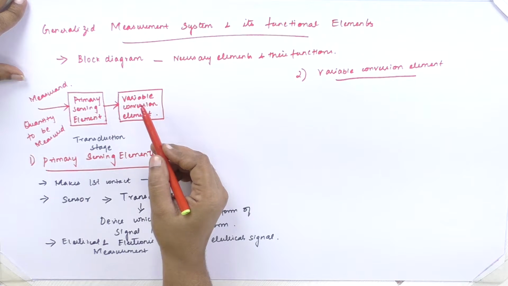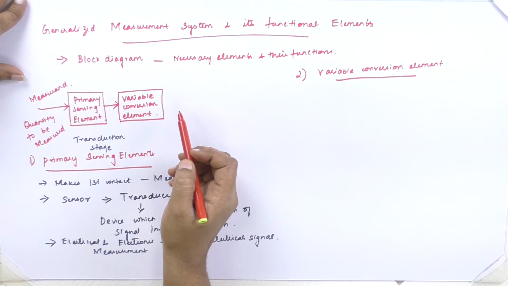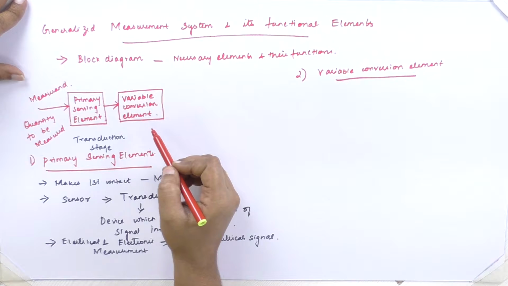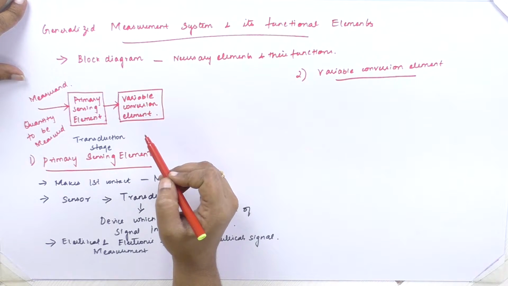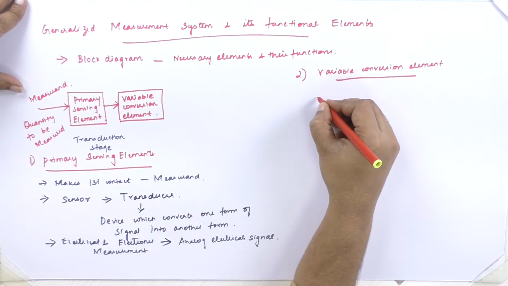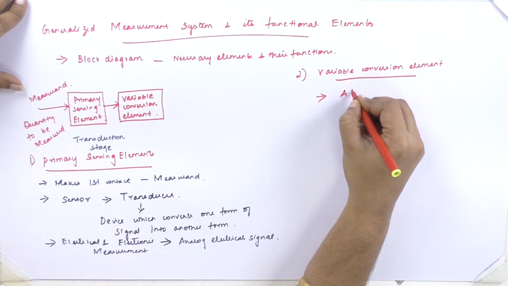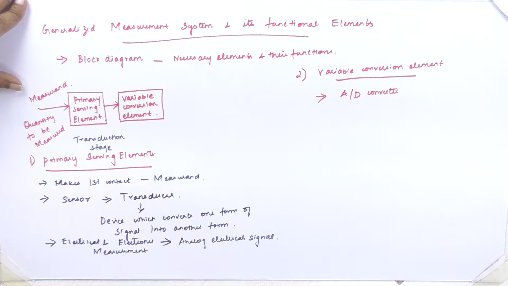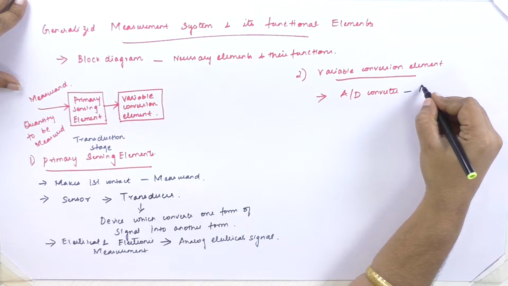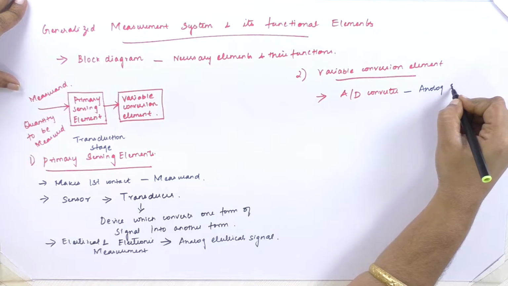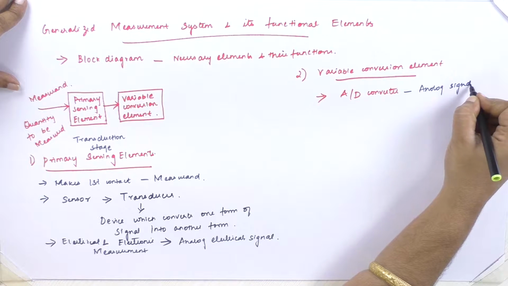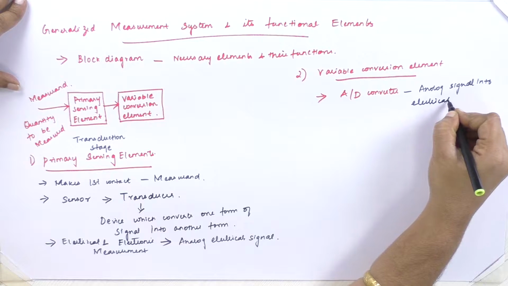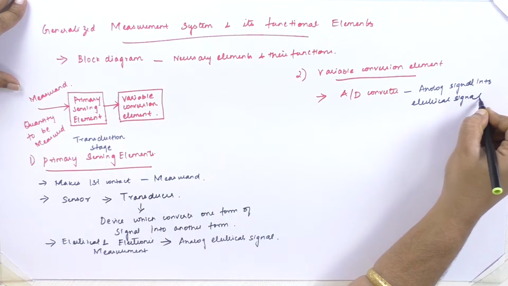So, in order to convert that analog signal into a digital signal, we need this variable conversion element. In case of digital instruments, we need an A to D converter in order to convert the analog signal into an electrical signal.